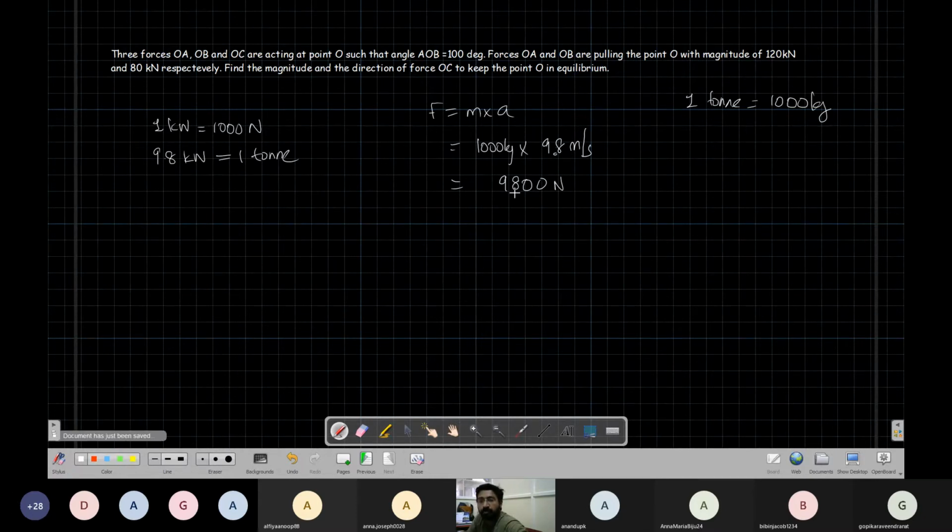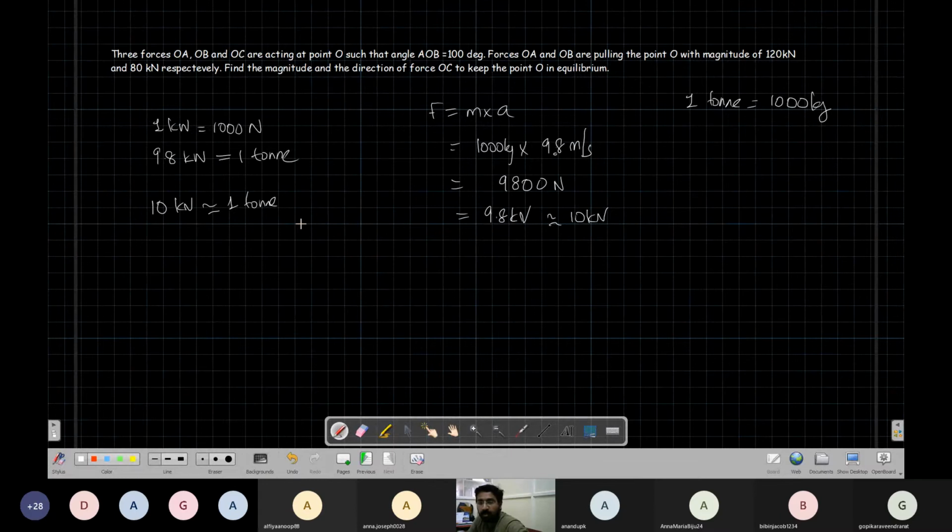newton, which is equal to 9.8 kilonewton. So 1 ton has a force of 9.8 kilonewton. We roughly say this is 10 kilonewton, so 10 kilonewton is 1 ton. Now, what is 1 ton?